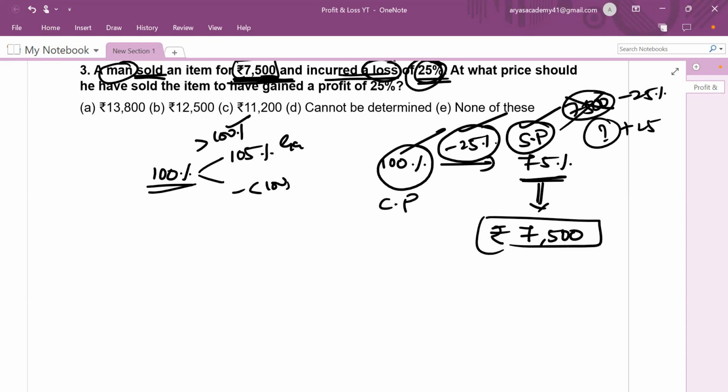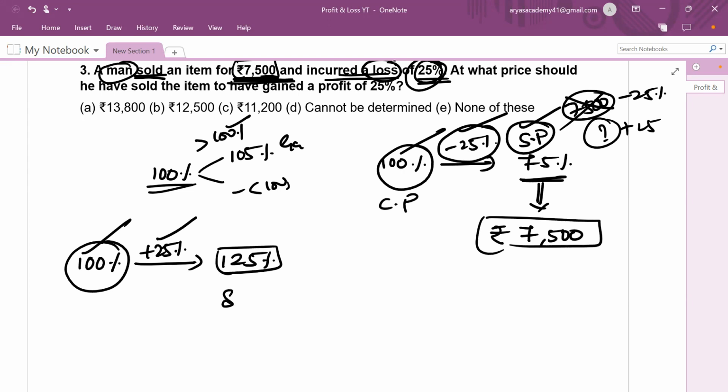And what is the question they're asking you? Suppose he has to gain 25%. In that case, what would be the selling price? To gain 25, you have to add 25. So as the comparison value is 100, you can directly add 25% to it and you can say it should be 125. So in the second case, the selling price has to be how much? 125%. You have to find out this value.